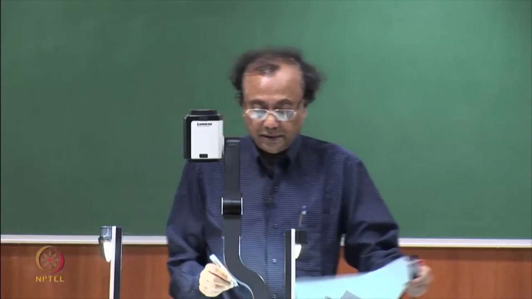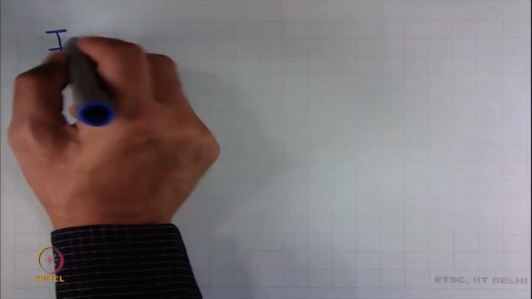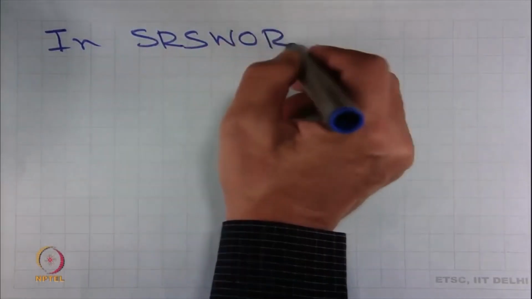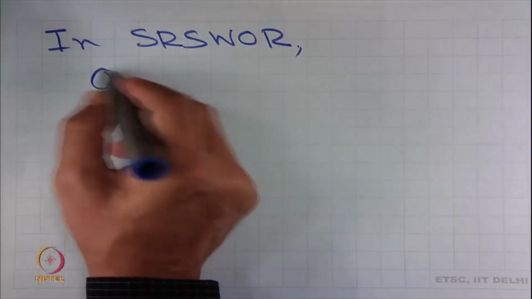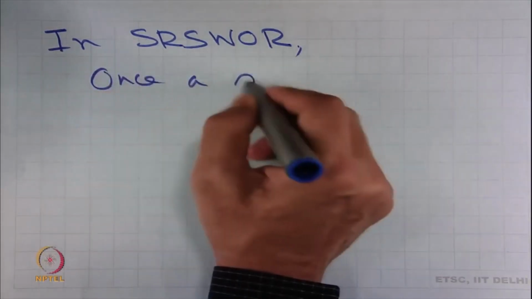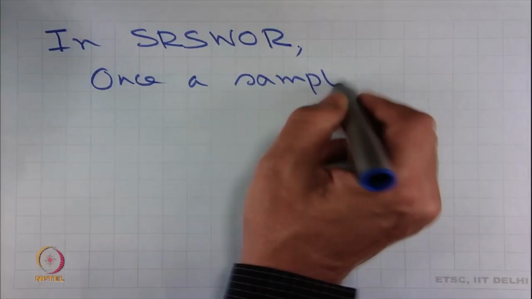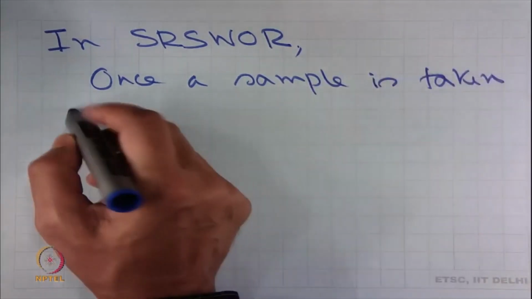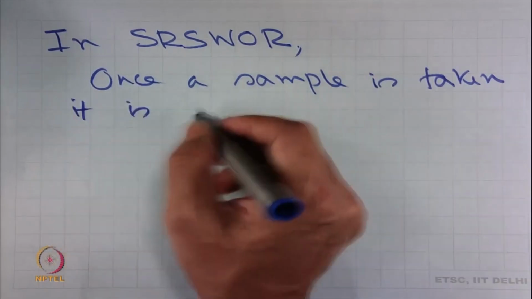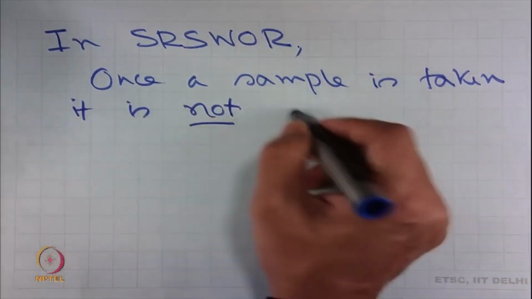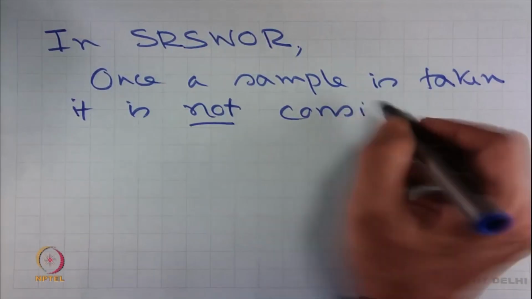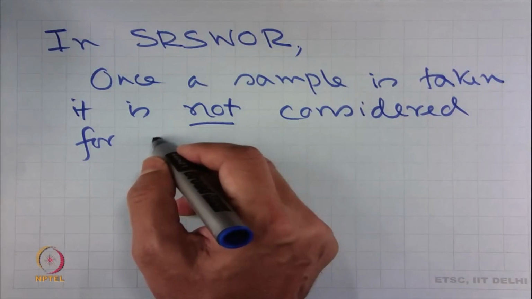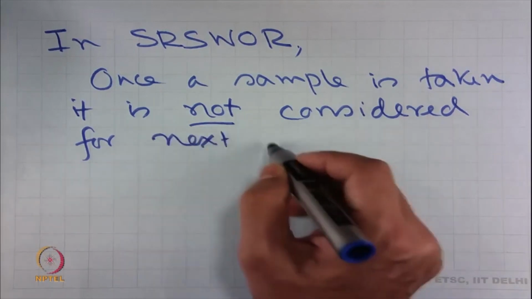On the other hand, in SRS-WOR, once a sample is taken, it is not considered for next sampling.